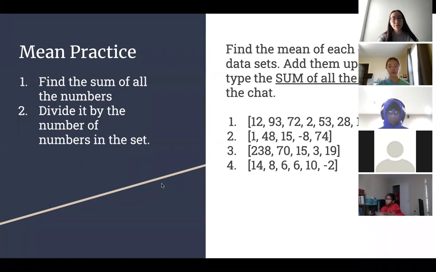Okay, so let's do some practice. Get your sheet of paper and then work out the mean of each of these data sets. Don't type your answer for 1, 2, 3, and 4, but just write down all of your answers, and at the end, sum them all up, and you can type the sum of all of those means in the chat.